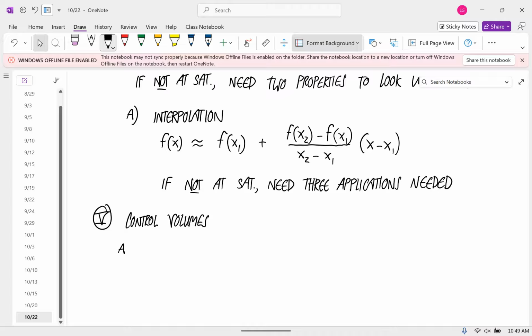The first one is the mass balance equation. And it says dm dt for the control volume is equal to m dot at the inlet minus m dot at the exit.